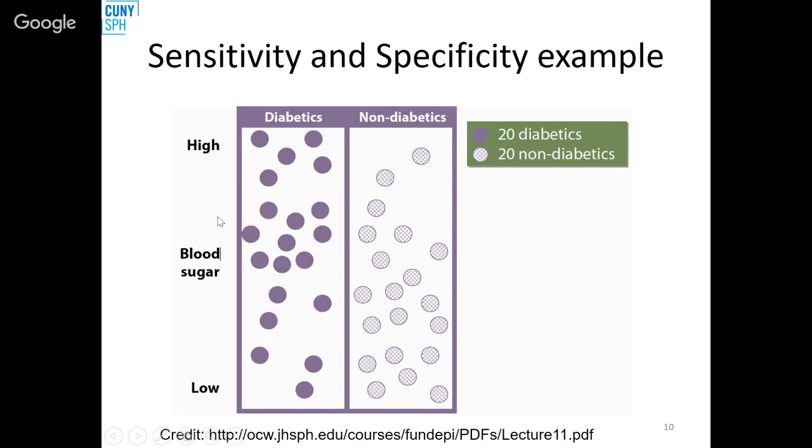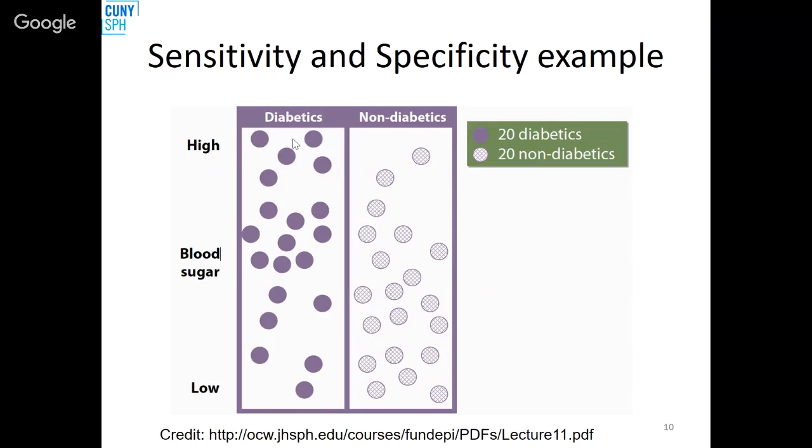So if you were to apply this screening test in a case control study of 20 non-diabetics and 20 diabetics, what you find, and is generally the problem with screening tests, is there's natural variability of just about anything in the population.